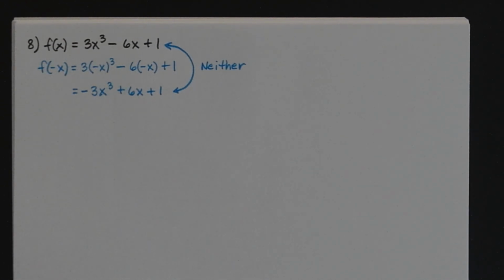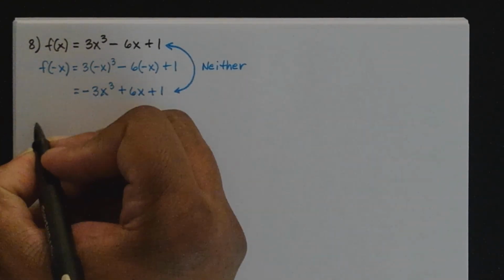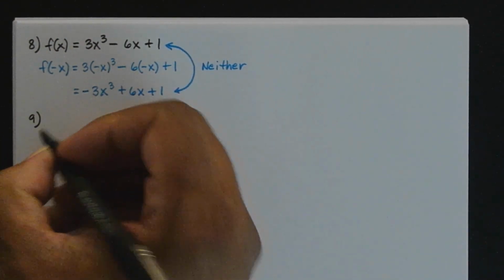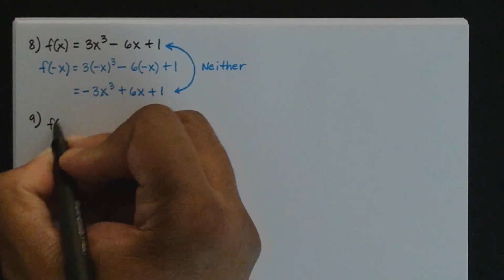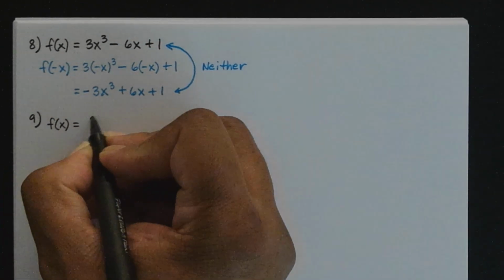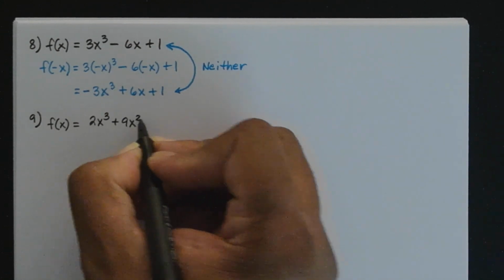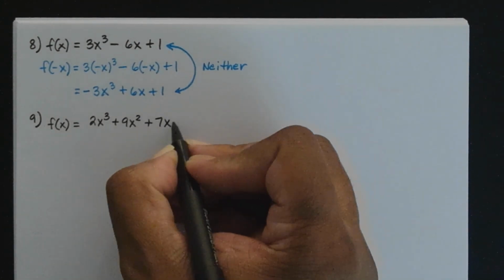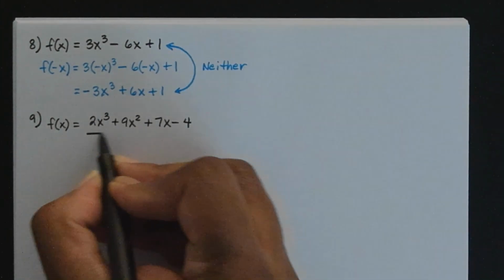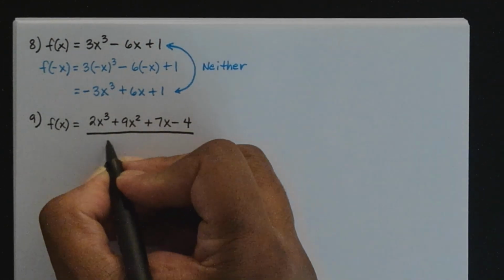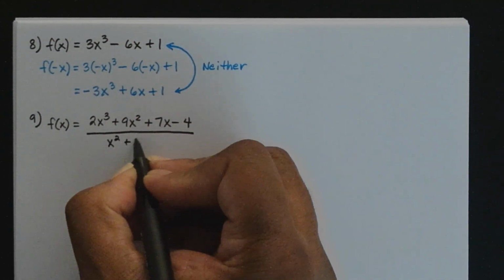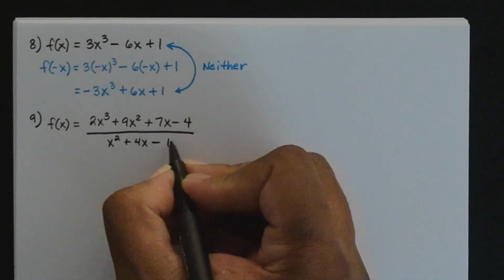Problem number 9 is finding the domain of the function. All right, so here we got f of x is equal to 2x cubed plus 9x squared plus 7x minus 4. The whole thing is divided by x squared plus 4x minus 12.